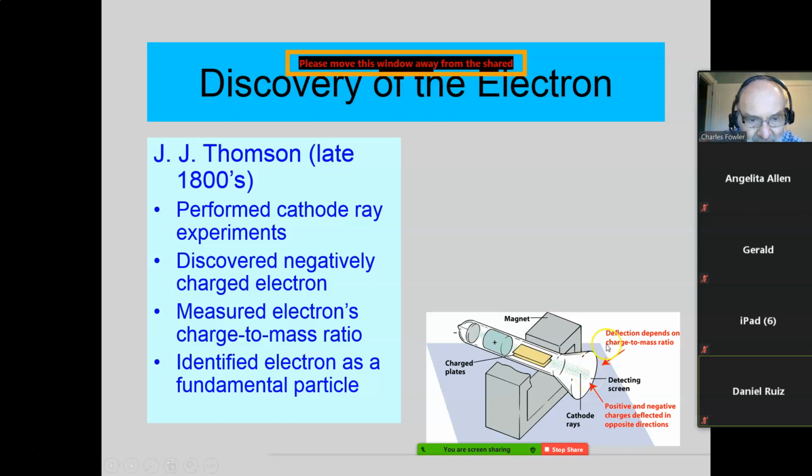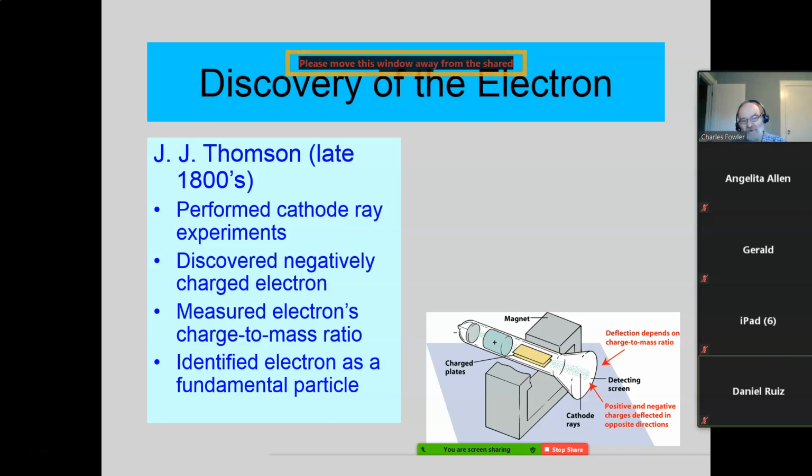Now, the amount of deflection depended on the charge to mass ratio. That has something to do with momentum, and that's how he was able to come up with the charge to mass ratio. Could he get the mass out of this? No way. There was not enough technology or data to get the actual charge, nor the mass either, though he could approximate the mass.